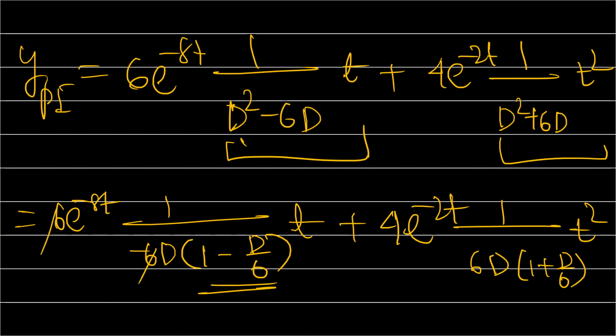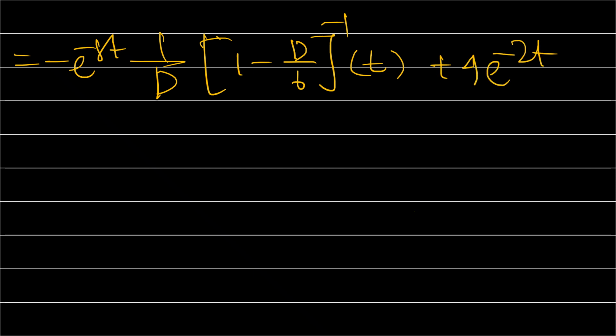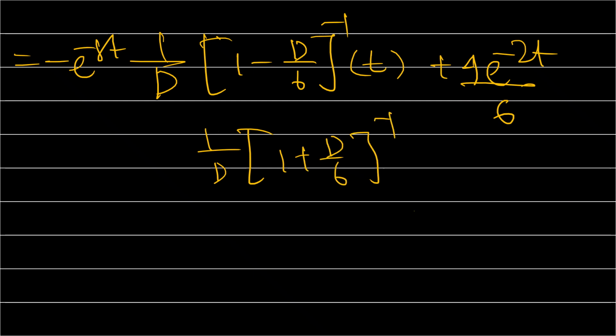Now it can cut like this. So it will be basically minus e to the power minus 8t, 1 by D, whole into (1 minus D by 6) whole to the power minus 1, plus 4 e to the power minus 2t by 6, 1 by D, whole into (1 plus D by 6) whole to the power minus 1, t square.